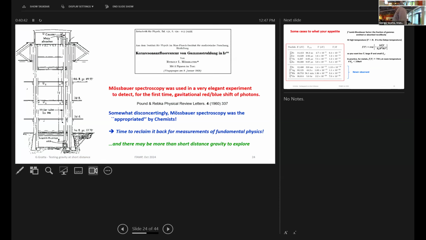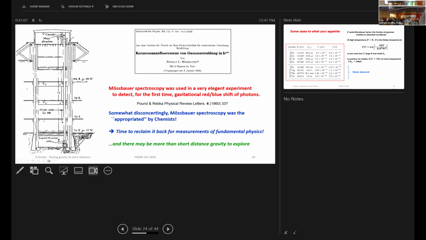But there is also some general thing that bugs me. I mean, this has been shown. Somebody had a better drawing of this, which comes from a scan of Physical Review from many years ago. This was the Pound and Rebka experiment done across the street here, where Mössbauer spectroscopy was used to do a fundamental physics measurement.